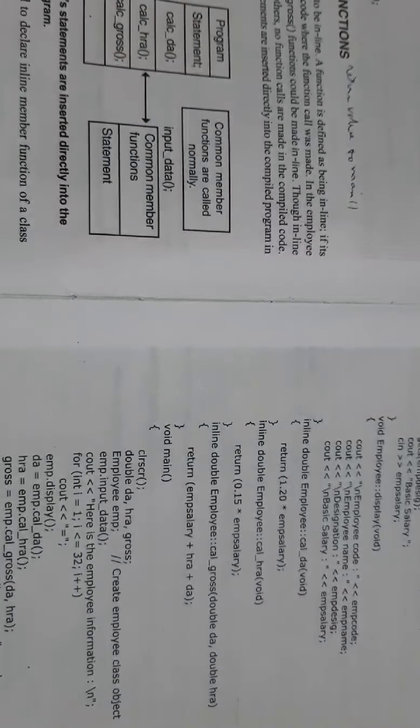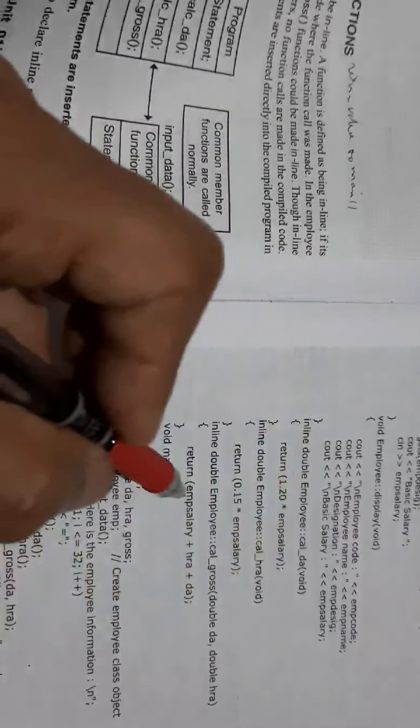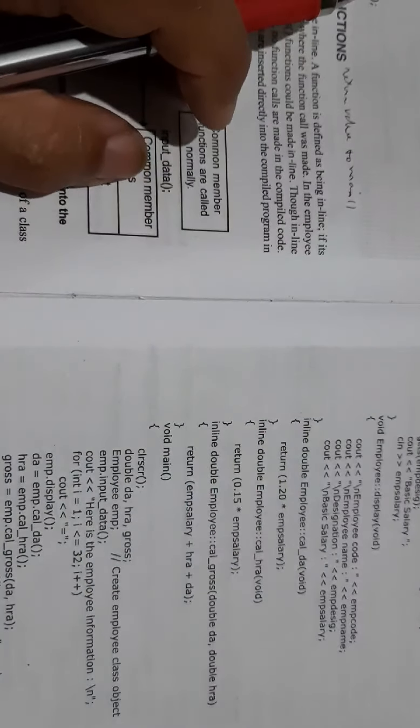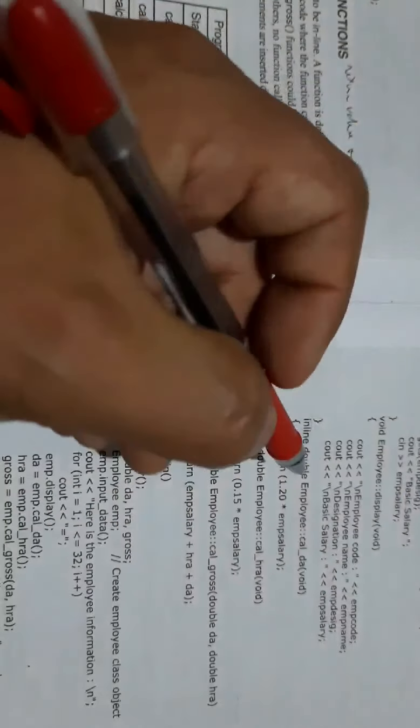Inline member functions are mostly used whenever, like in this case, there is no repeated call of this member function, but in some programs where the function needs to be called again and again and the member function body is quite small, that is where the inline member function becomes useful.